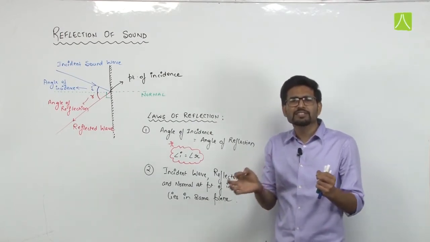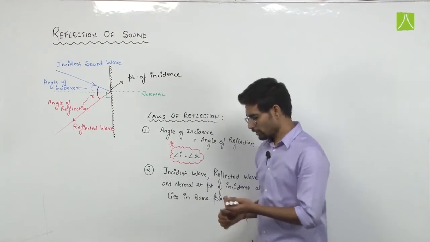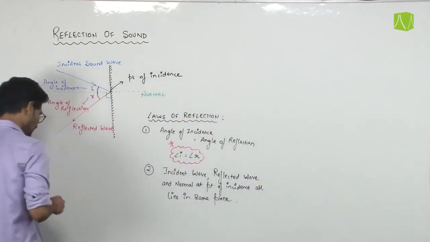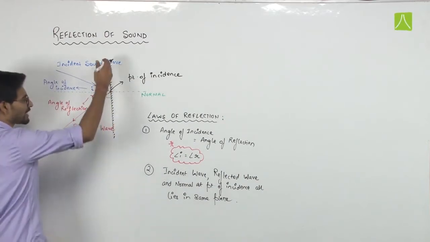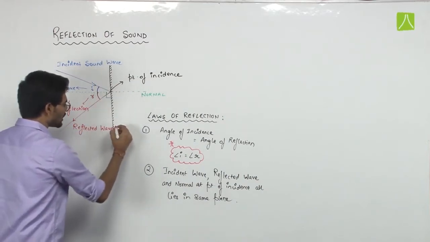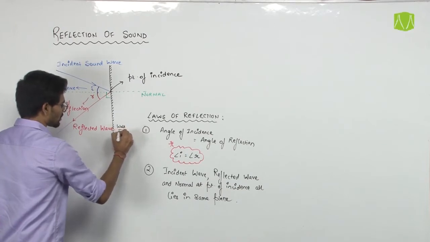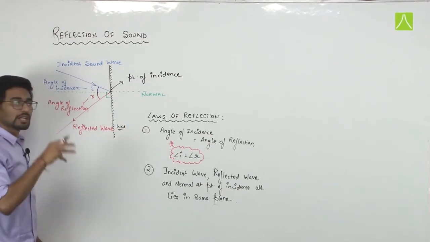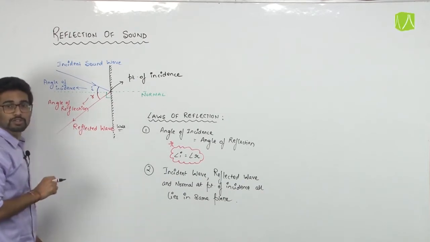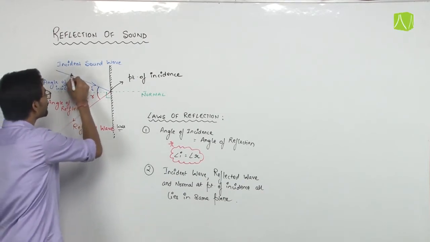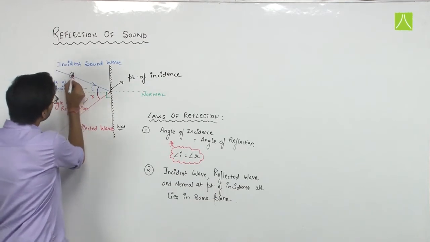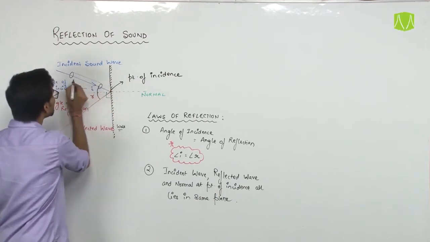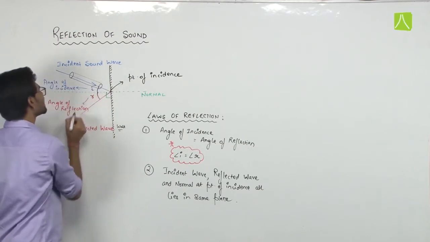Now there is a very simple activity to prove these laws of reflection. Let's see that activity also. See, the activity is like this. I am taking a wall, this is a wall. Now I am going to have two cylindrical hollow pipes. So I am having one pipe like this. It can be a pipe of cardboard. So I am taking a cylindrical hollow cardboard tube like this.